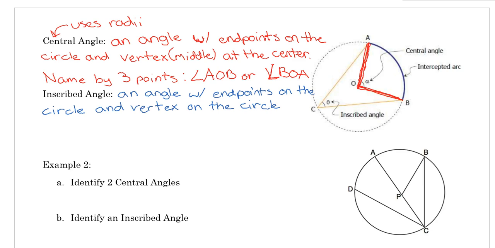Just like central angles use radii, inscribed angles use chords. If you can find any 2 chords that meet at the same point, you're going to have an inscribed angle. For example, this chord and this chord meet at point C. So this makes an inscribed angle. And same thing, it's named by 3 points.